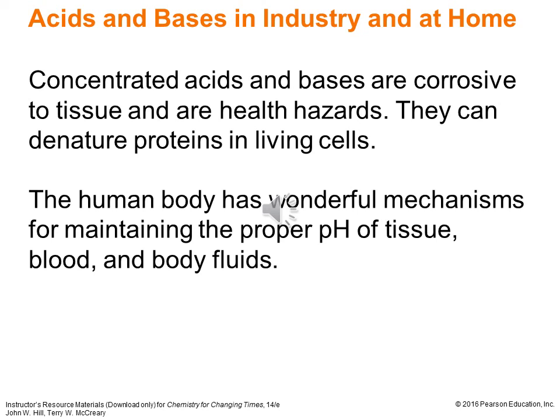Despite these hazards, the human body has wonderful mechanisms for maintaining proper pH of tissue, blood, and body fluids, and if we avoid doing things that are disruptive to that, like we mentioned with the alkalosis, if you take too many antacids of certain types, that can affect blood pH.